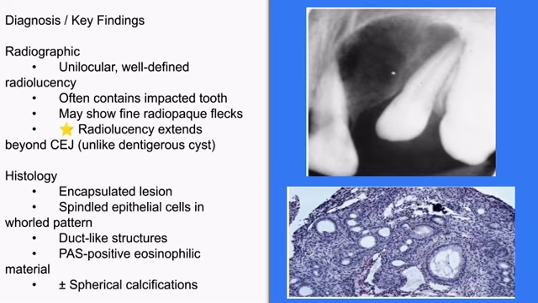Histologically, looking at the histo of this tumor, the tumor is encapsulated, composed of spindle epithelial cells and whorled patterns, as you can see here, with characteristic duct-like structures and occasional calcification. Duct-like structures and occasional calcification is a major finding. So this was its radiographic appearance and histological features.